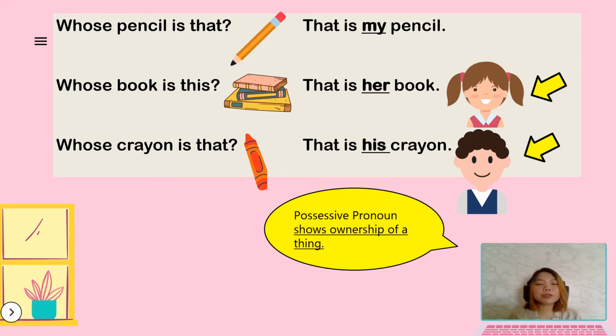For sentence number 2, we have the possessive pronoun her. Now we use the possessive pronoun her if the owner of a thing is a girl. And for sentence number 3, we use the possessive pronoun his if the owner of a thing is a boy.